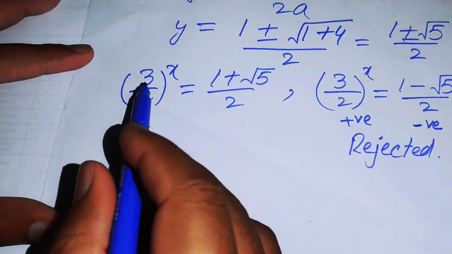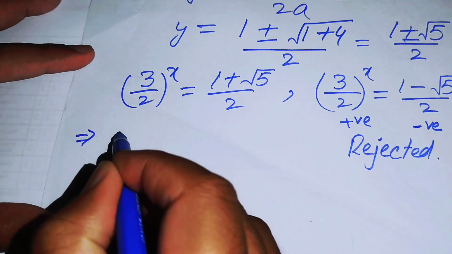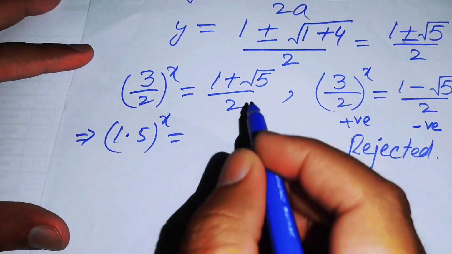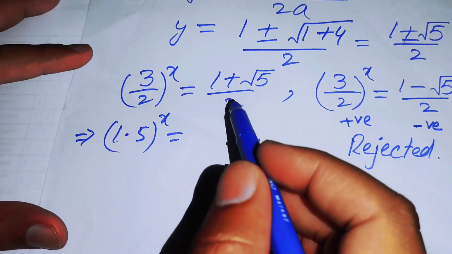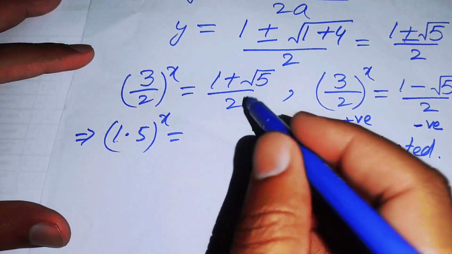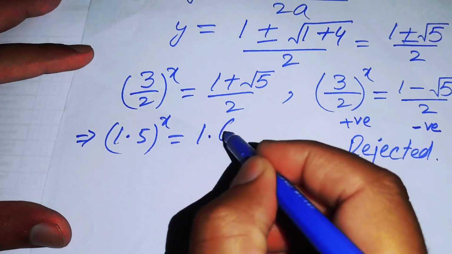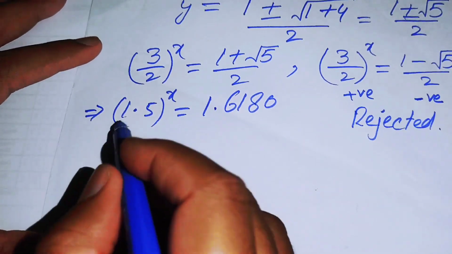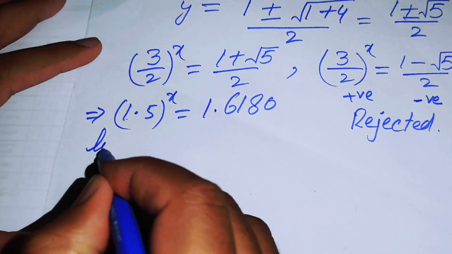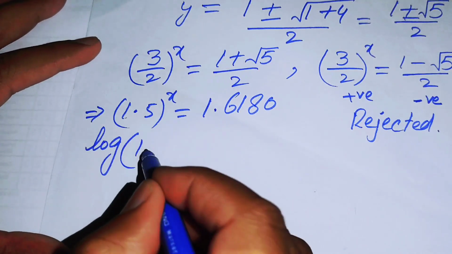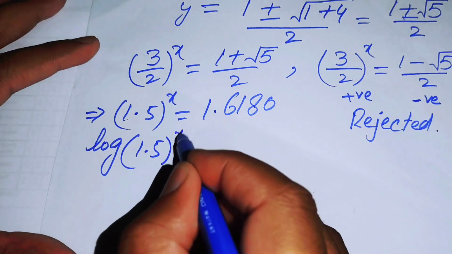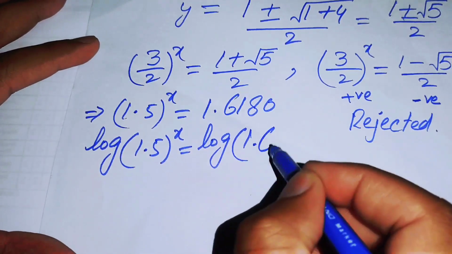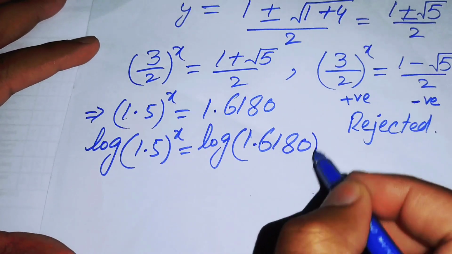So 3/2 is equal to 1.5 to the power of x, and when you solve the right side using the calculator, you get 1.6180. After that we take the log on both sides, so log of 1.5 to the power of x is equal to log of 1.6180.